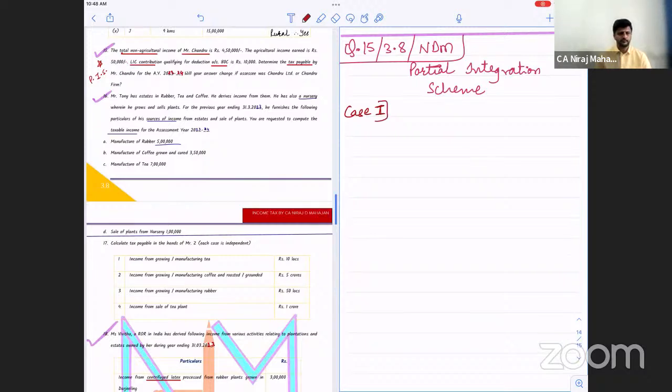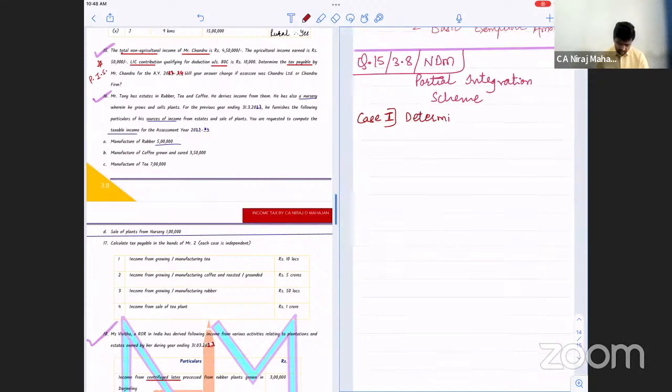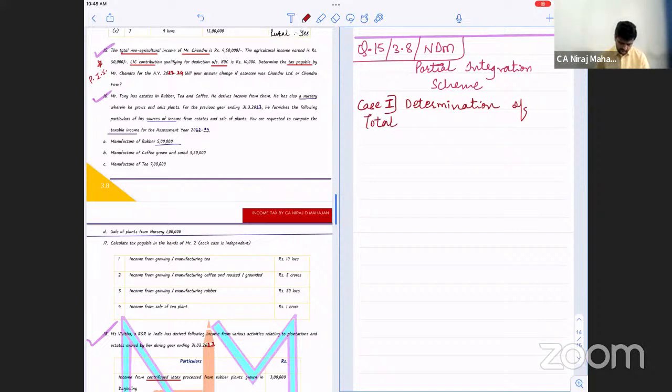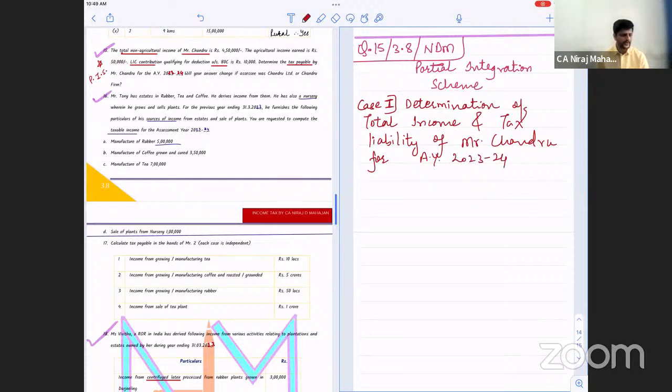Determination of total income and tax liability of Mr. Chandru for AY 23-24.